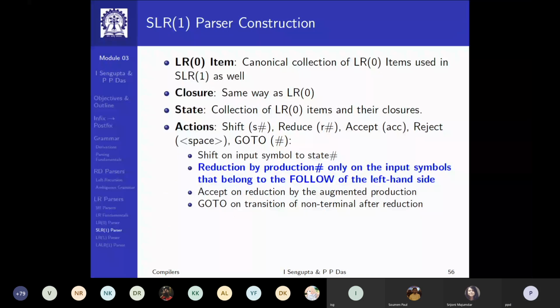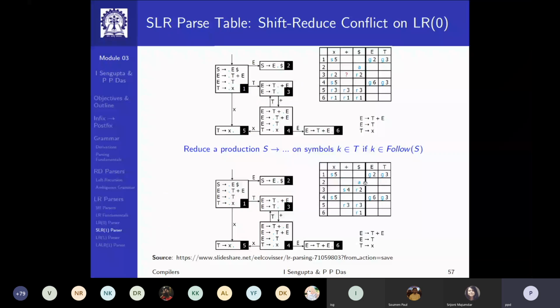So this is the actual parser that you get. You had a conflict here in state 3 on input symbol plus, and you resolve that in favor of doing a shift, not the reduce, because reduce would have meant that after reduction, plus will be to the right of E, which is not possible if you compute the follow of E here, which is very clearly just the dollar symbol.